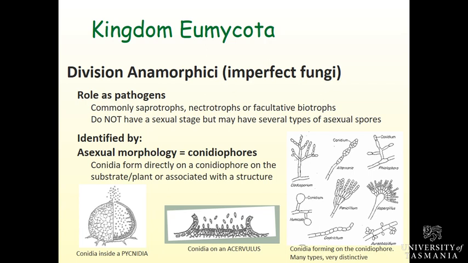Alternaria with a multicellular spore. Here's a Phyllosticta with a single-spore conidia. Here's our Penicillium that I did a bad drawing of there, but that's what it looks like. An Aspergillus, which looks a bit different, a little bit similar, producing a chain of spores. They may also produce other structures.